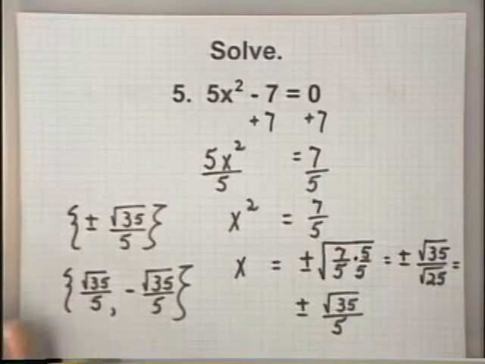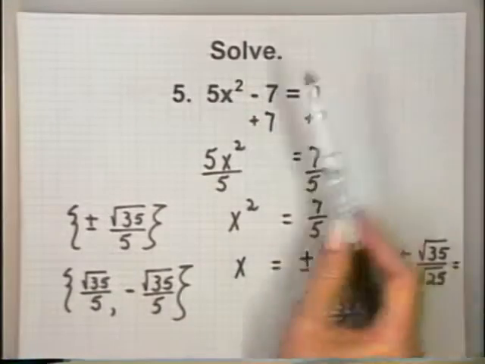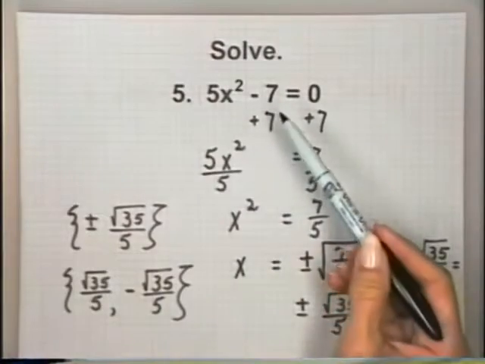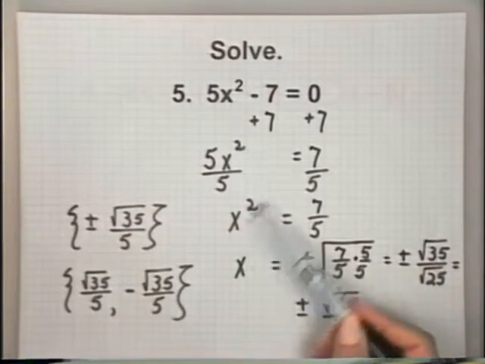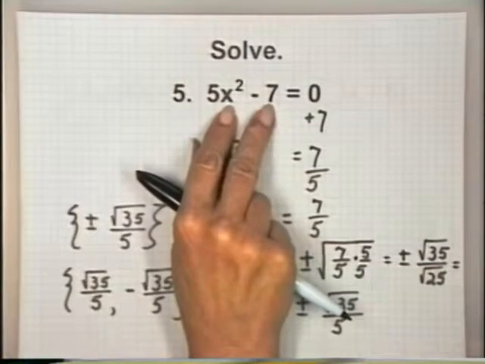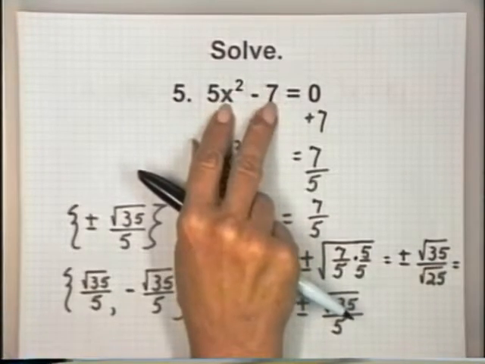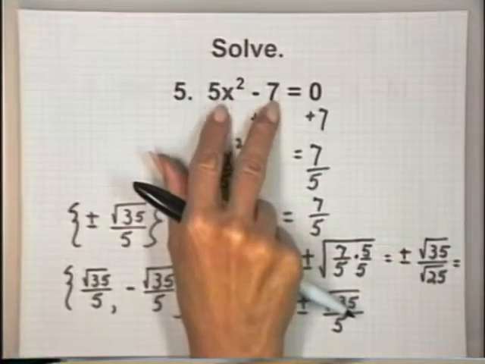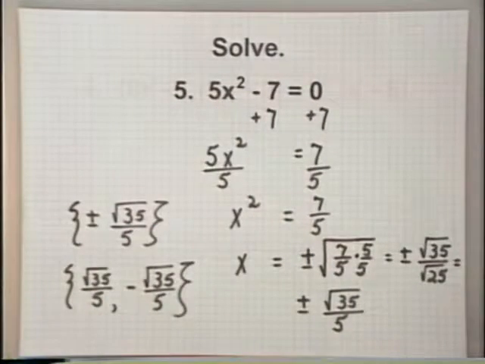I would like just to review once again. Notice what led me to solve for x squared and to extract roots. It's the fact that I do not have a linear term. I think this is the quickest way to solve a quadratic equation that is missing the linear term.